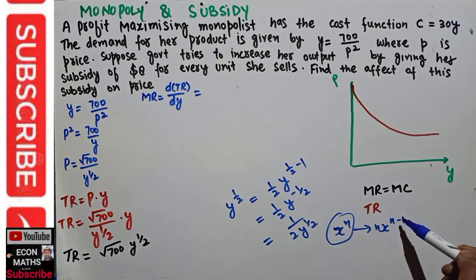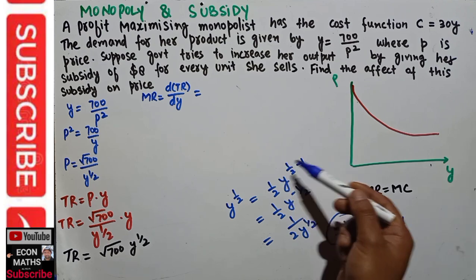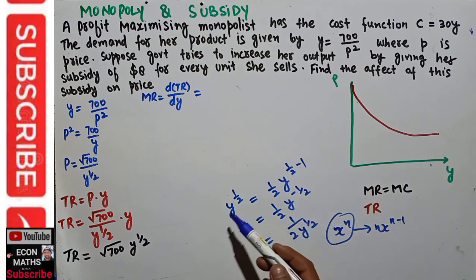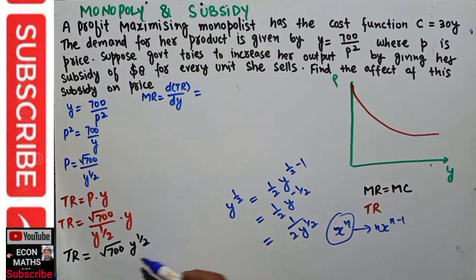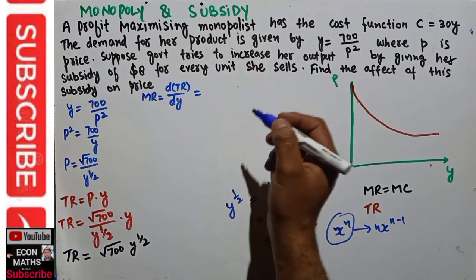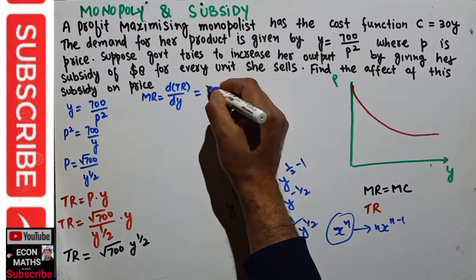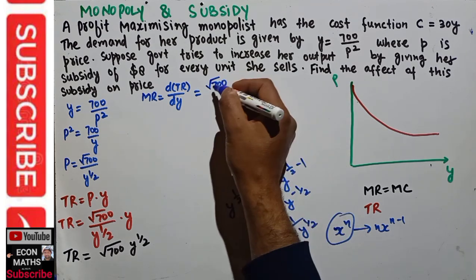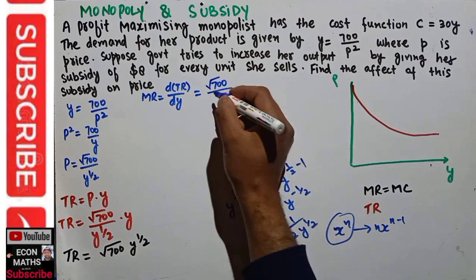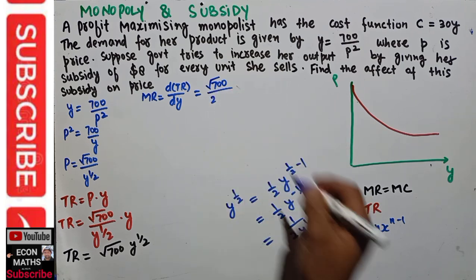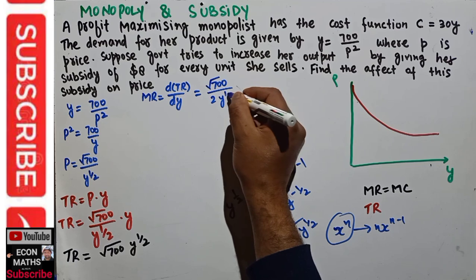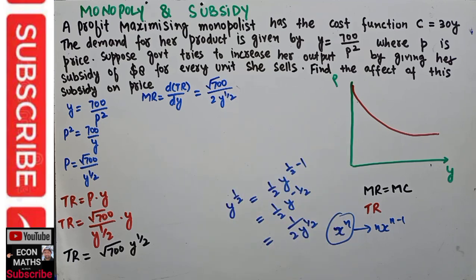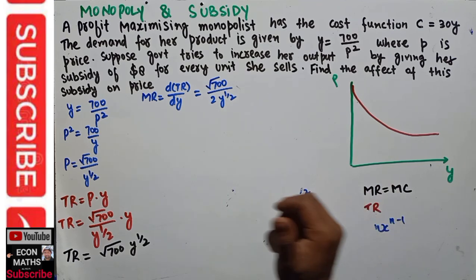Exponent becomes coefficient and exponent is subtracted by 1. That is what we have done here. So derivative of this y raised power 1 upon 2 came out to be this thing. So I can write under root 700 divided by 2 y raised power 1 upon 2. Okay, so let me rub this here.